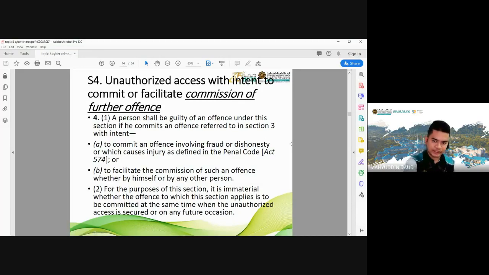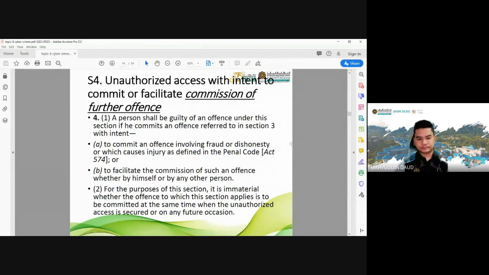This is 1. Maknanya he commit unauthorized access, and then he wanted to do fraud or dishonesty or causing injury, which has been defined under penal code, or he committed unauthorized access to facilitate commission of such an offense, whether by himself or by any other person.